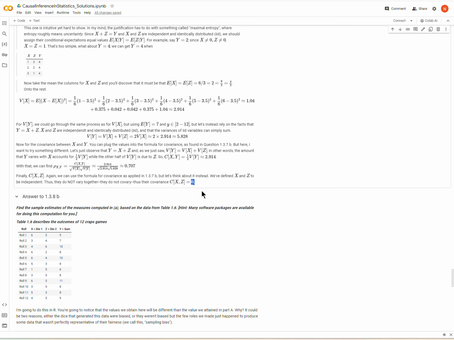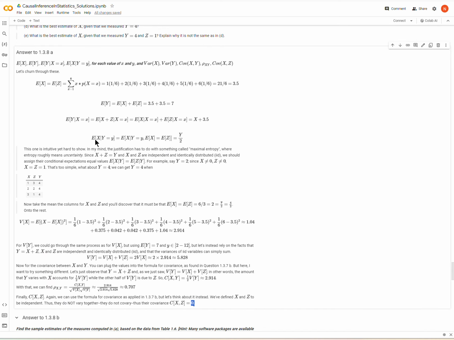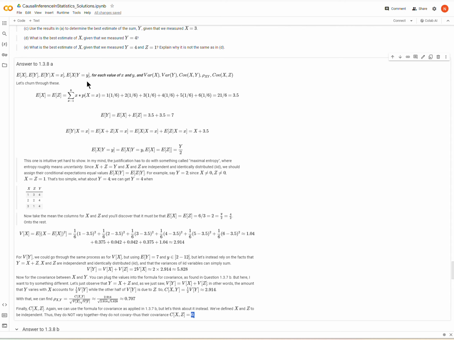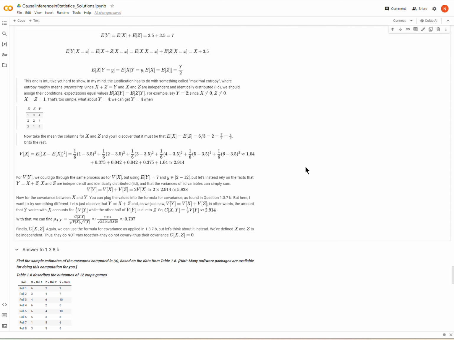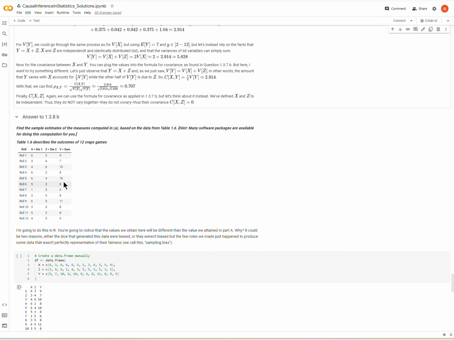Okay, now on to part B. Let me set up part B. Everything that we just did here is very analytical, and it assumes infinite data or perfect data. But now in part B, we actually ran an experiment, and these are the results that we get, for 12 rows, it looks like.